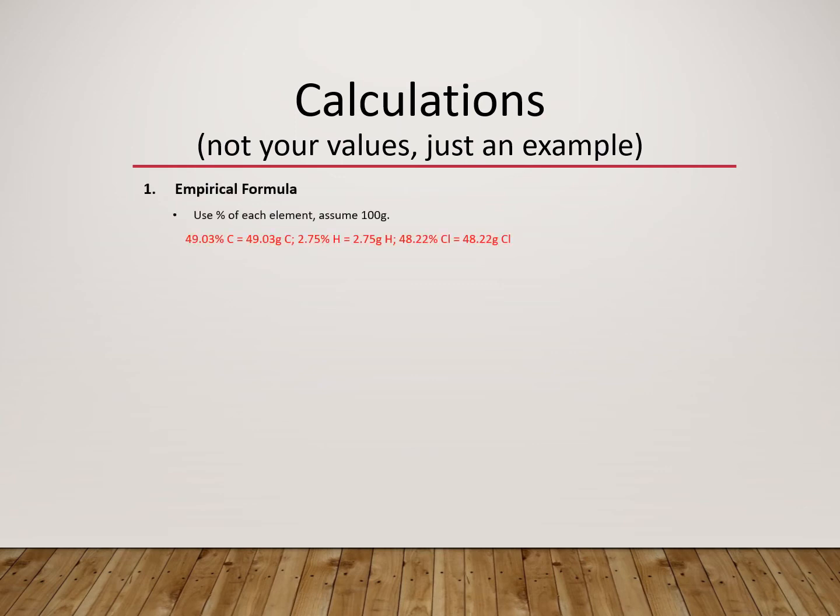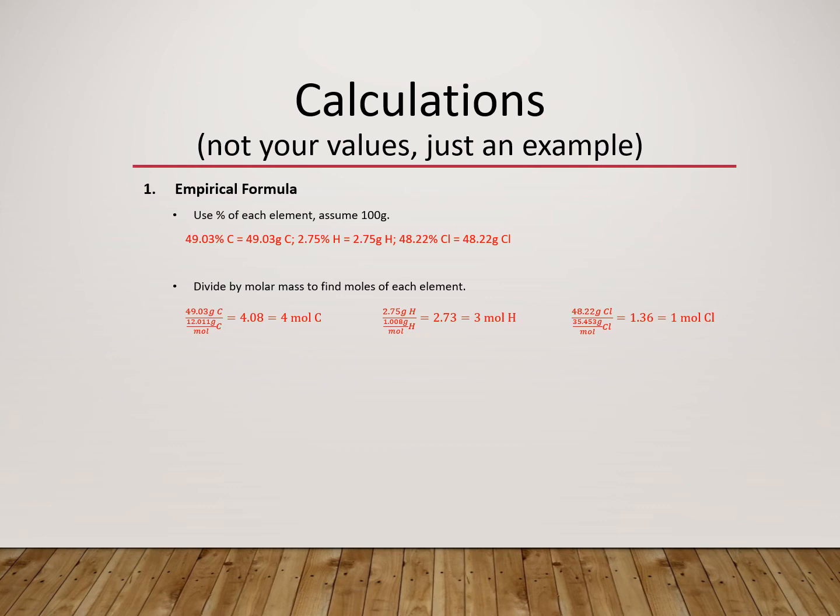So first, for the empirical formula, you're going to use the percentage of each element, and you can assume 100 grams. So when you have the percent of each element, you just turn that percentage into grams, and then divide by the molar mass of each element to find how many moles of each element are in your substance.